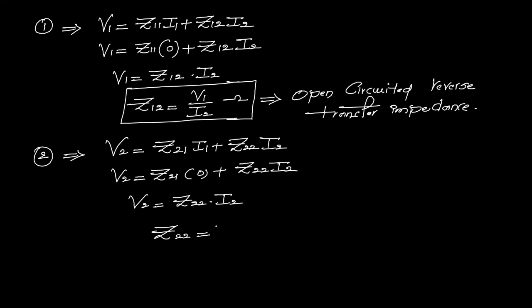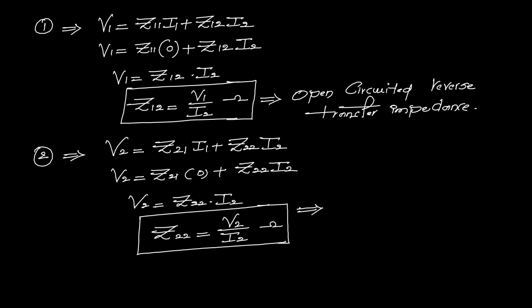From this expression we can write Z22 is equal to V2 divided by I2, and this is in ohms. The unit of impedance is always ohms. This is a self impedance parameter for port 2, and we can also call Z22 the open circuit driving point output impedance.